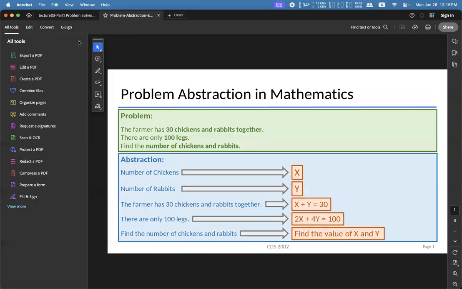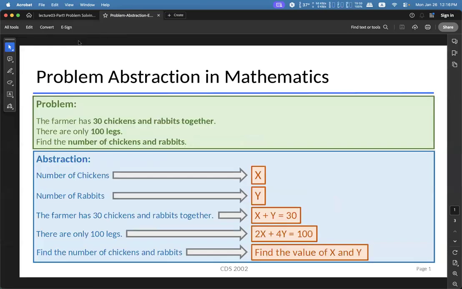Here is a mathematics question. It says that a farmer has 30 chickens and rabbits together, and there are only 100 legs. You need to figure out the numbers of chickens and rabbits.